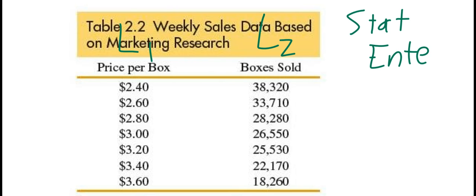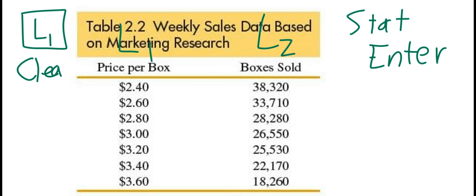If you want to clear out a list because you got a bunch of junk in it, go all the way to the very top, make sure your cursor is highlighting L1, and hit clear and the down arrow, and you will eliminate the entire list. Don't hit the delete key, because some kids will actually lose the list, and then I have to help them get it back. Go ahead and enter your data in list 1 and list 2.